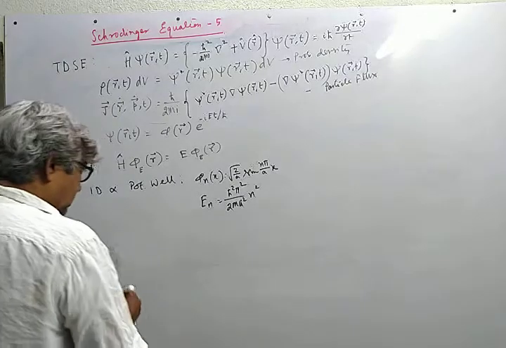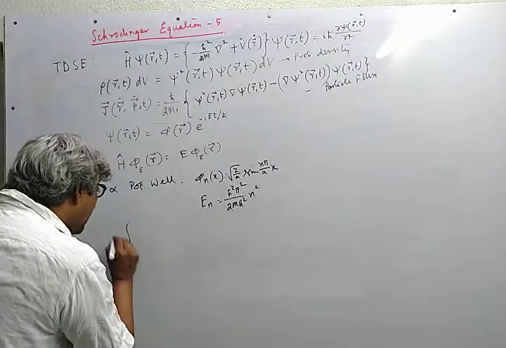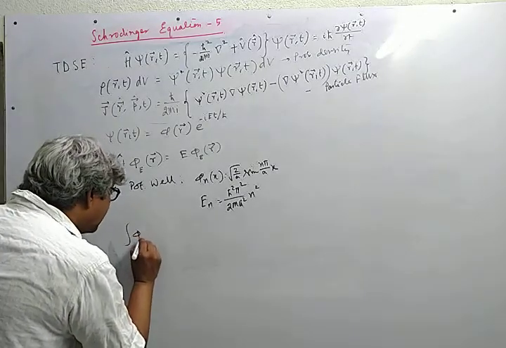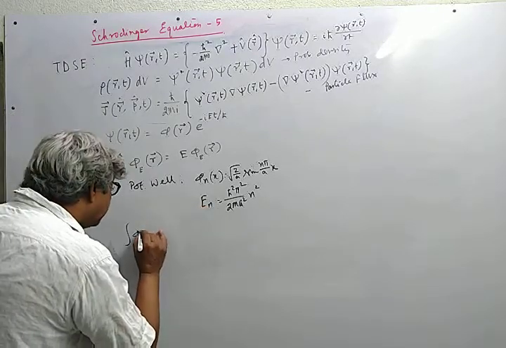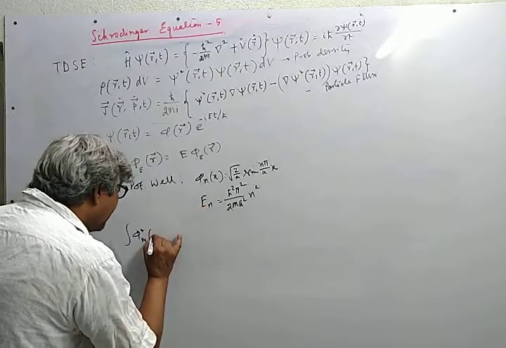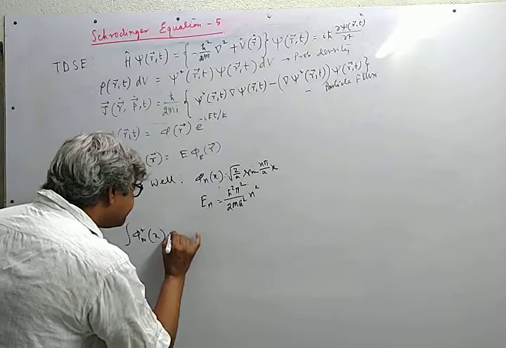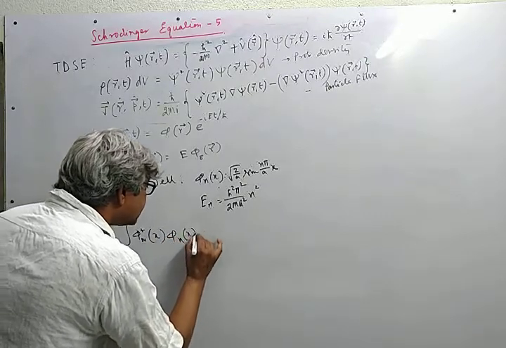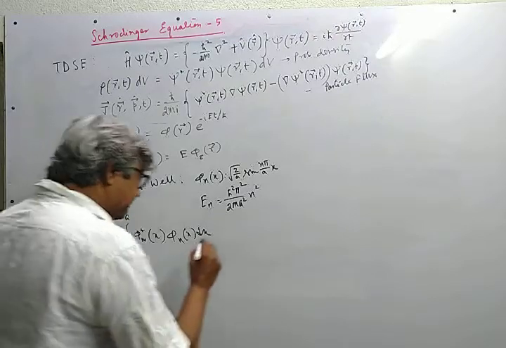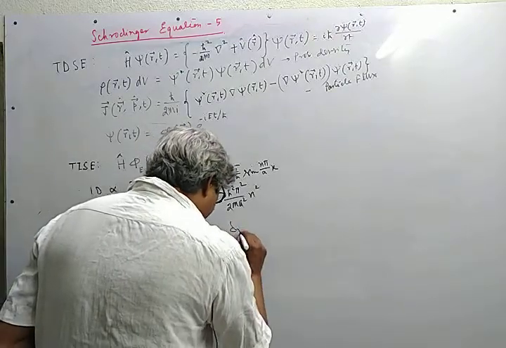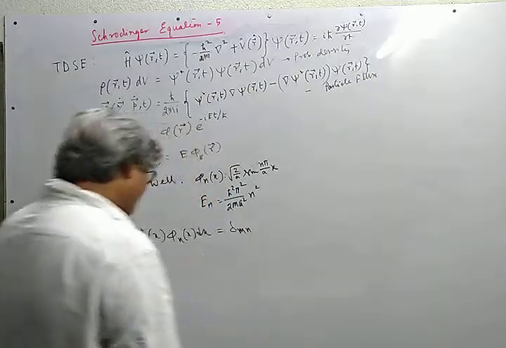The orthonormality condition reads as follows. Here, different energy means different quantum numbers: the integral of phi m star of x phi n of x dx from 0 to a, that is all space, is equal to delta mn.